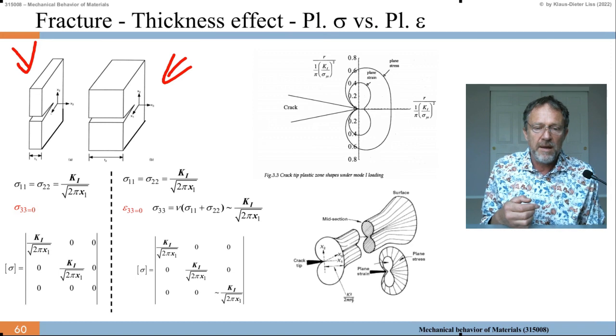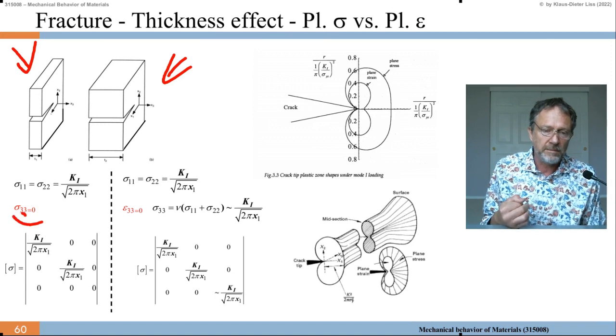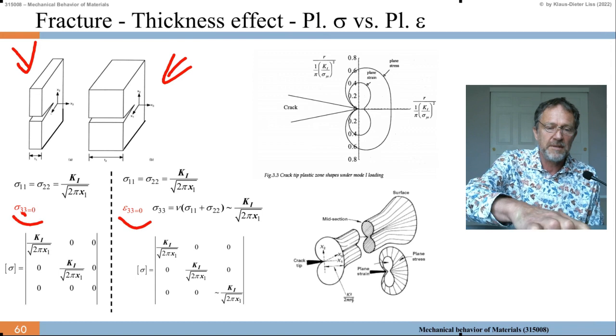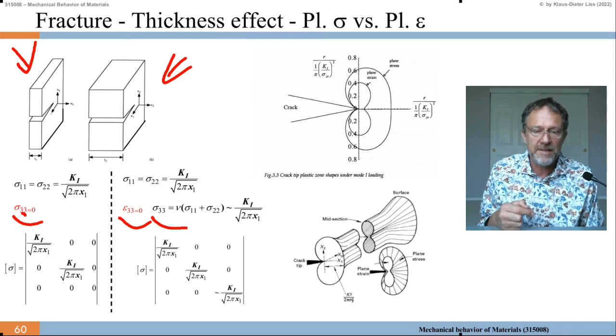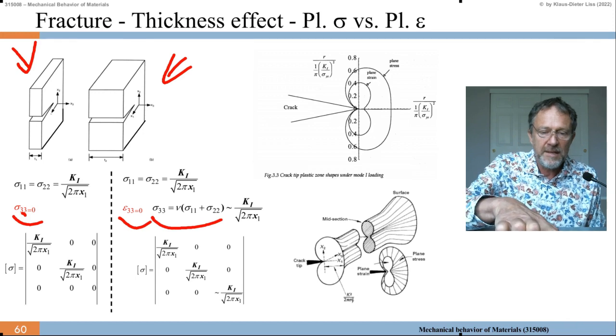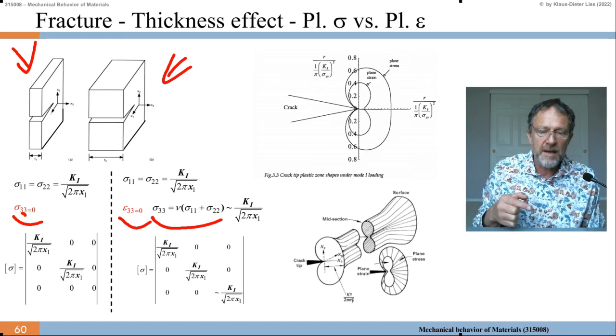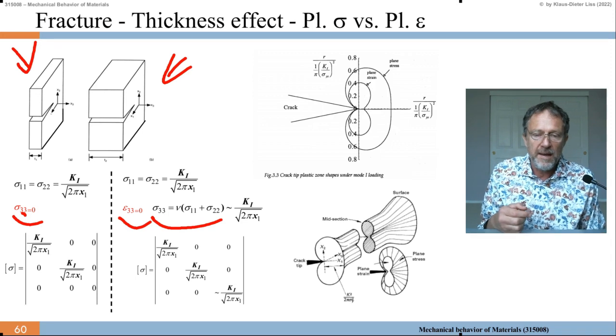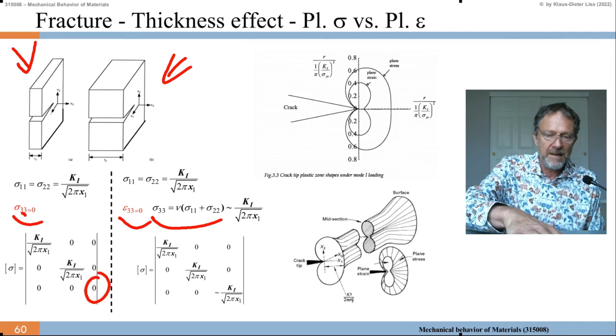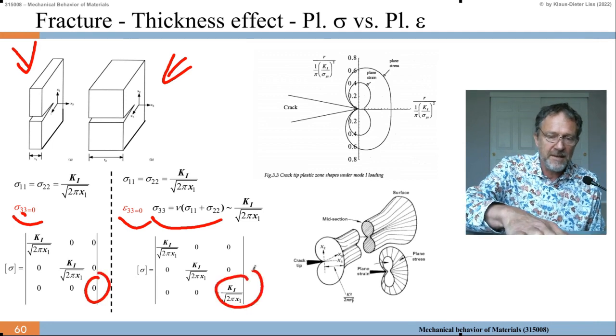For plane stress, sigma 33 equals 0, while for plane strain epsilon 33 equals 0, and therefore sigma 33 equals nu times (sigma 11 plus sigma 22), which is approximately proportional to K1 over 2 pi x1. So the difference between plane stress and plane strain is the ZZ component. Here we have 0, and here it's approximately K1 over 2 pi x1.